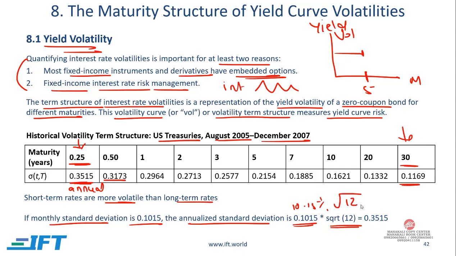That gives 0.3515 or 35.15%. This is the annualized number. Obviously, if we have the annualized number, which is what we are given here, and we want to come up with the monthly volatility, then we take the annualized number and divide by the square root of 12.